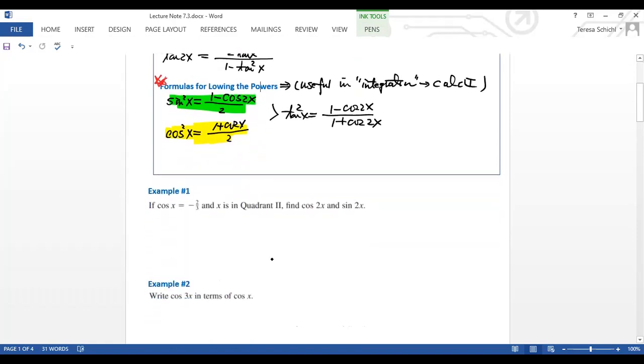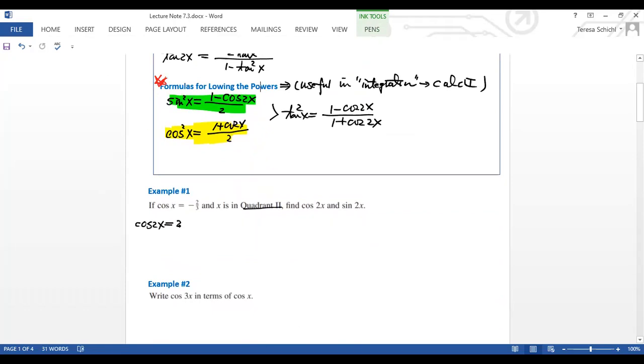Okay, so now let's take a look at some examples. How do we use those formulas? The first one says cosine x equals negative 2/3 and x is in quadrant 2. I want to find cosine 2x. So you use a double angle formula directly with cosine x.